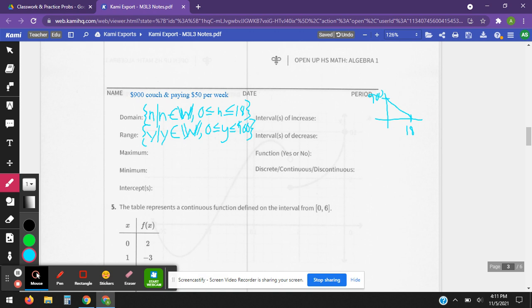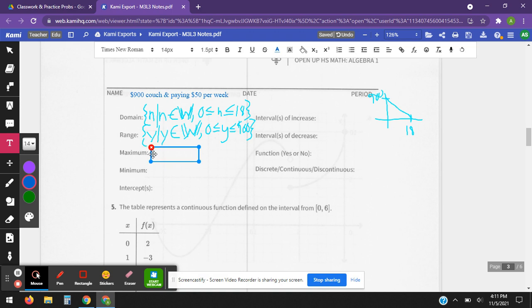So we don't have to list them all individually, but we do have to note that it is certain numbers in a certain range. Okay, so our maximum is $900 at 0 weeks. The minimum would be $0 at 18 weeks.